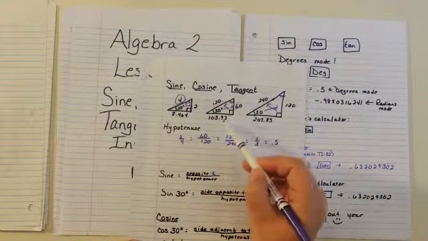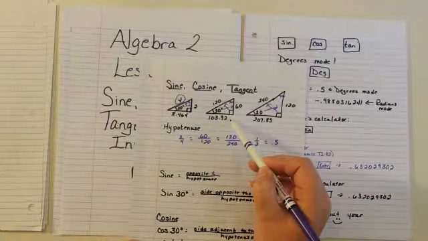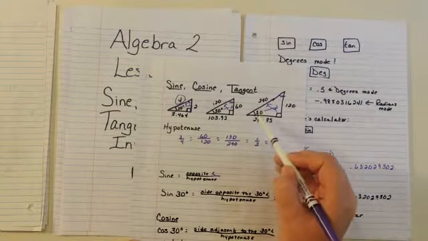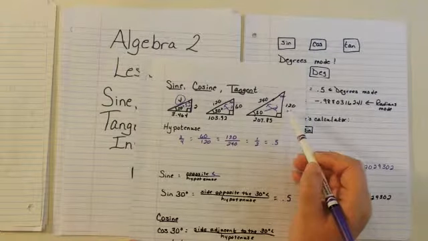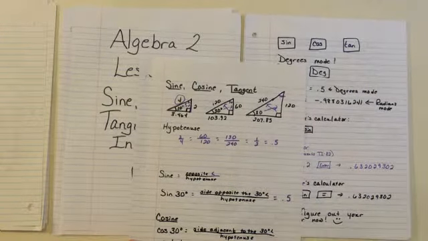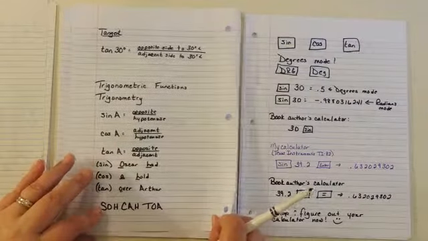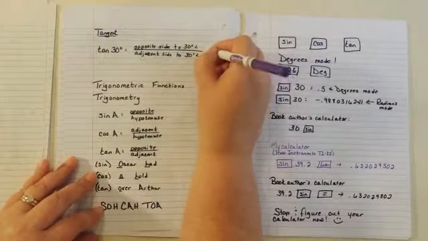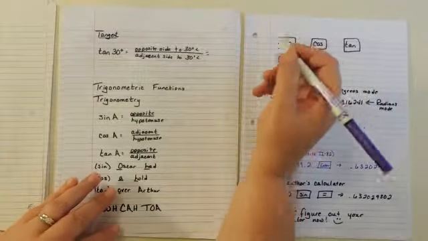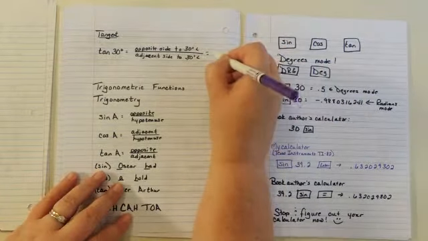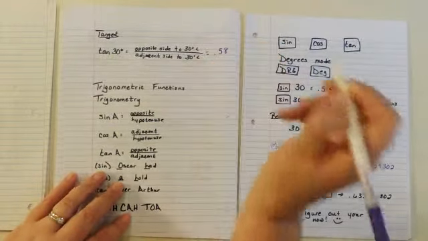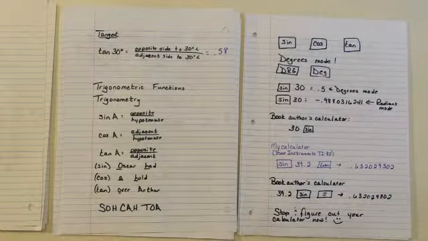This one is going to be opposite over adjacent, so 60 over 103.92. This one is going to be opposite over adjacent, which is 120 over 207.85. Okay? And if we punch those into the calculator, we're going to find that the tangent of 30 degrees is always 0.58 for any of those ratios.